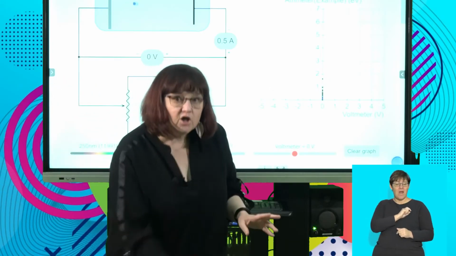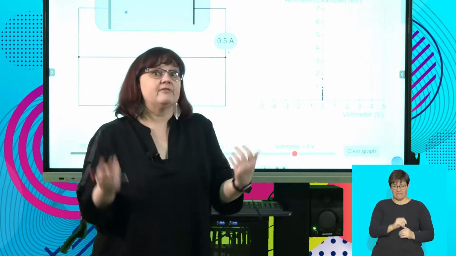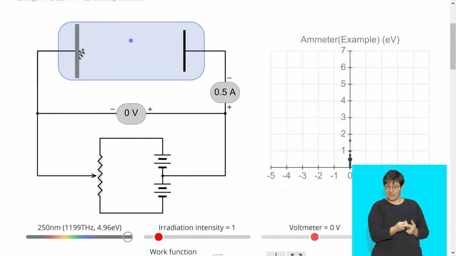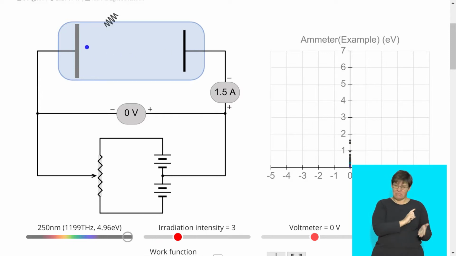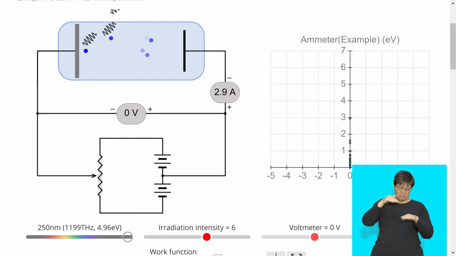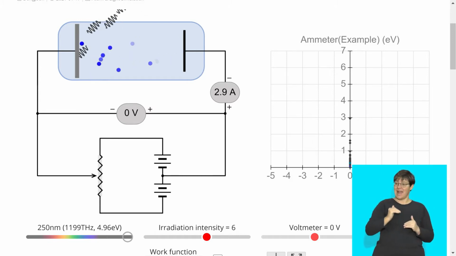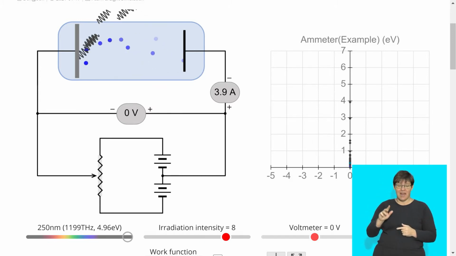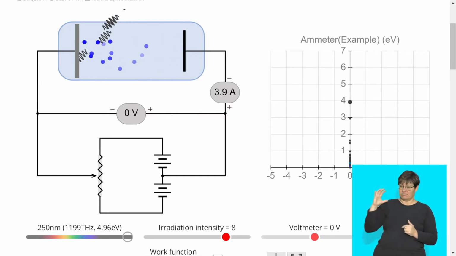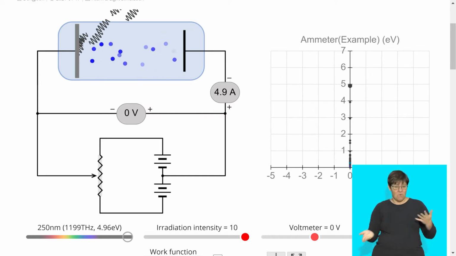They've got a lot of extra energy, which is how the photoelectric equation helps us, because we can calculate how much energy they have. If now I increase the intensity, we can get a very high current. Okay, so the more intense it is, the more current we get.